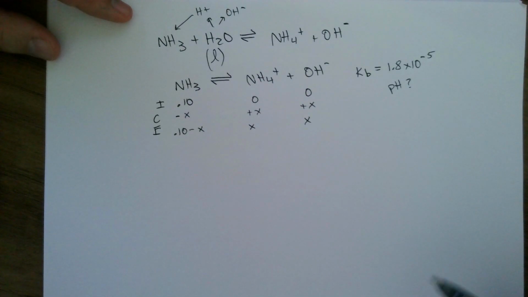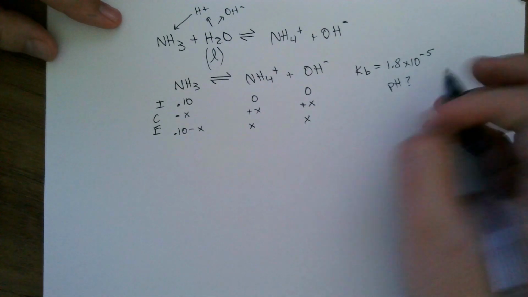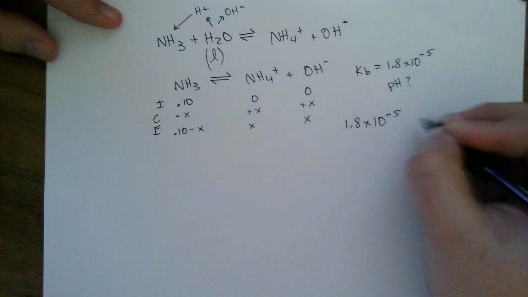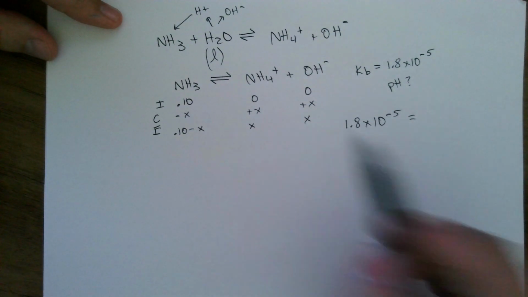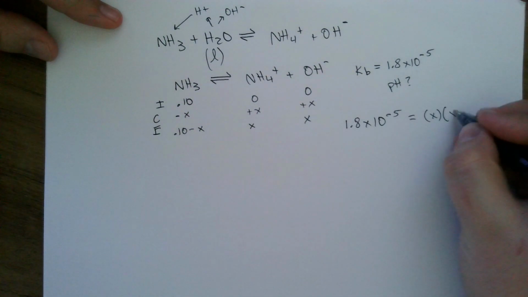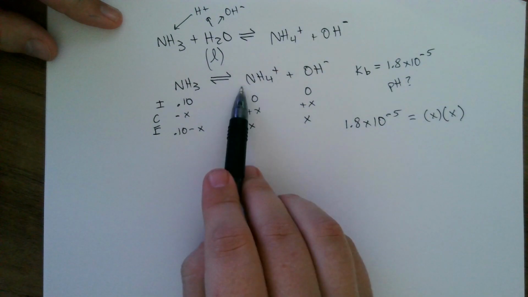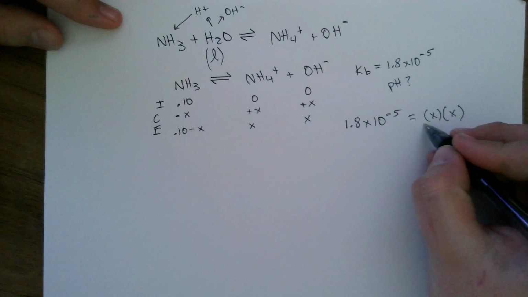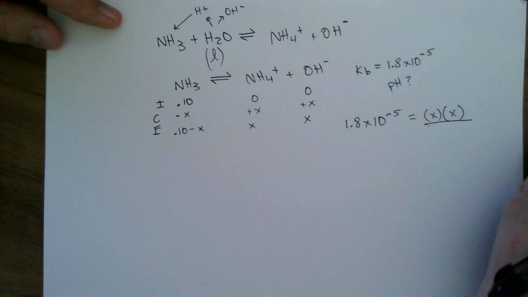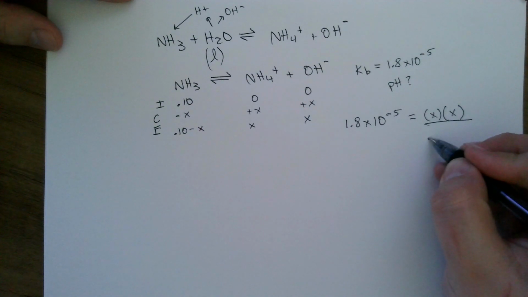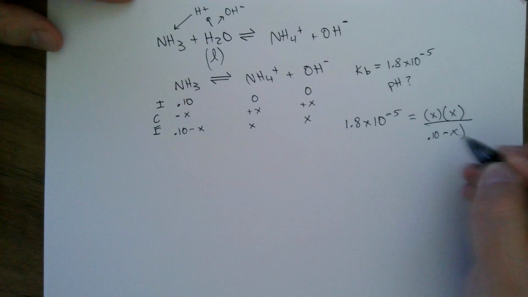Let's solve for x. I know my Kb, 1.8 times 10 to the minus 5, equals products over reactants. So it's going to be x times x. Remember, these only have a coefficient of 1, so I don't have to square them or anything like that, which would be a case for any monoprotic acid or base. And 0.1 minus x will go down here.